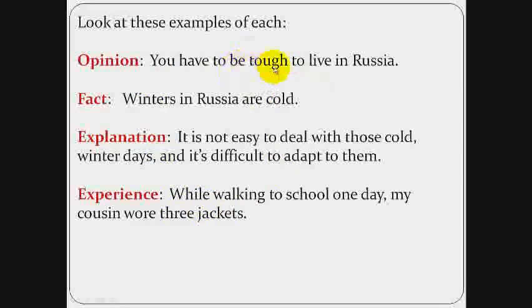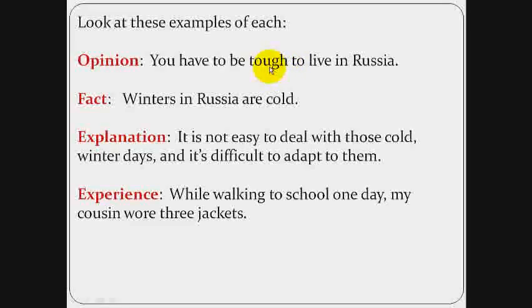So the writer of this statement was in Russia once, and he knows the climate in Russia in winters. So this statement is an experience that relates to his personal experience about winters in Russia. So this opinion, now the reader accepts it.